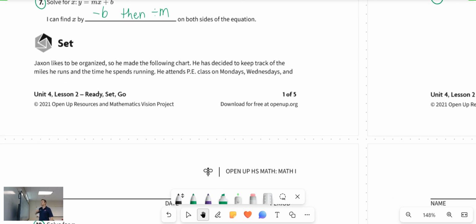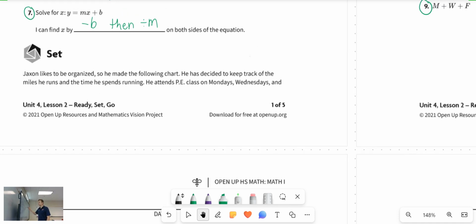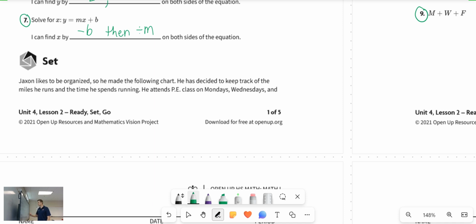Second portion. Jackson likes to be organized, so he made the following chart. He has decided to keep track of the miles he runs and the time he spends running. He attends PE class on Mondays, Wednesdays, and I think it's going to say Fridays, right? But let's see. Things of note here. He made a chart. He kept track of the miles he runs and time he spends running.